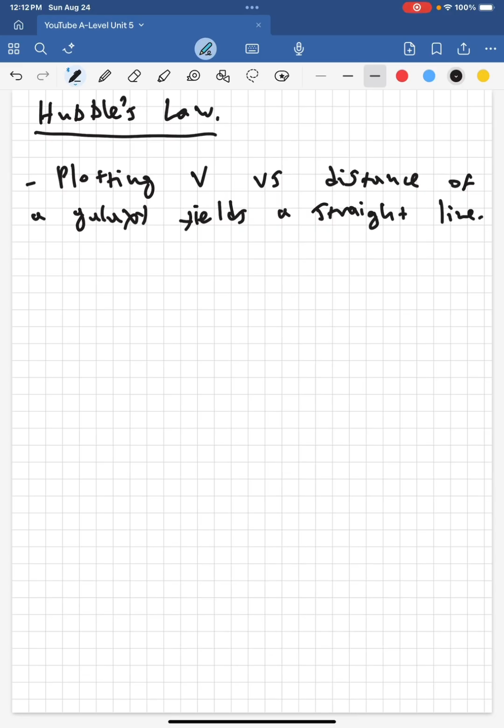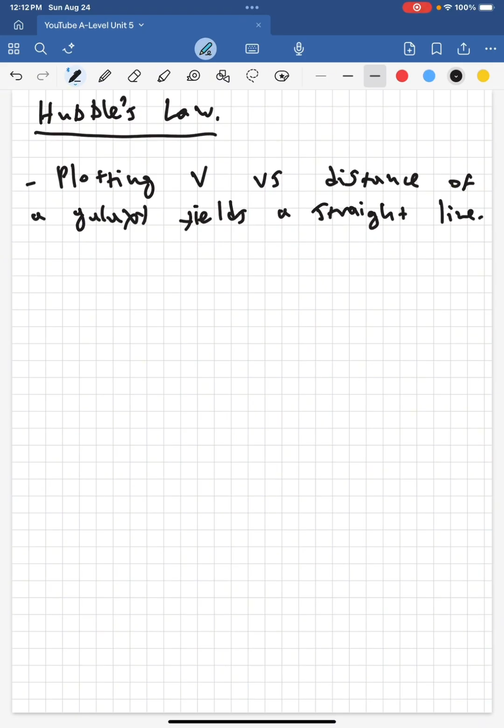So the Doppler shift allowed astronomers to measure the speed of galaxies and objects in the universe. And then the techniques that we mentioned in the previous video, remember when we talked about Leavitt and her work on determining the distance of Cepheids and so on.